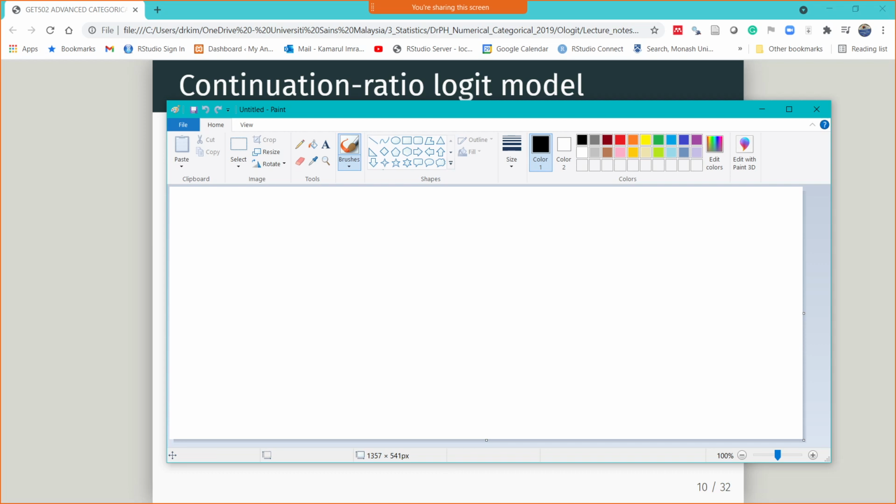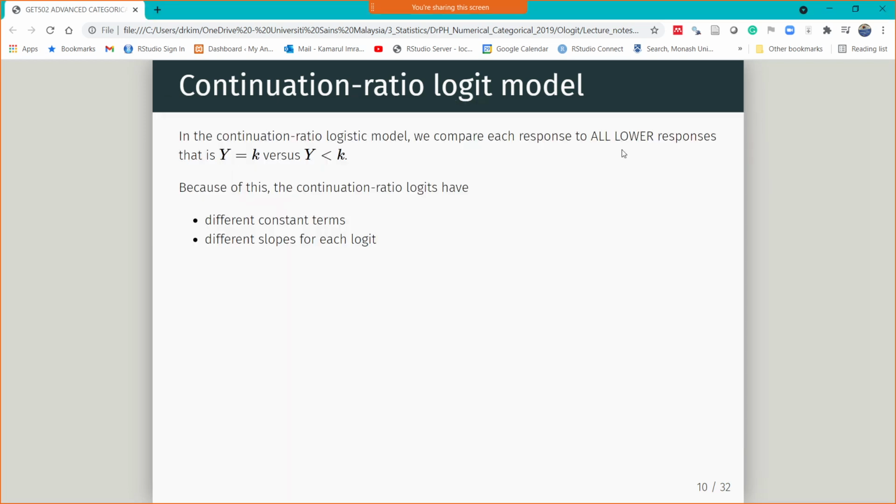No, I cannot write on this. Okay. So we are comparing, let's say, outcomes 1 to 3. If k is 3, we compare k versus group 1 and 2 combined. If k is group 2, then we compare 2 versus 1.